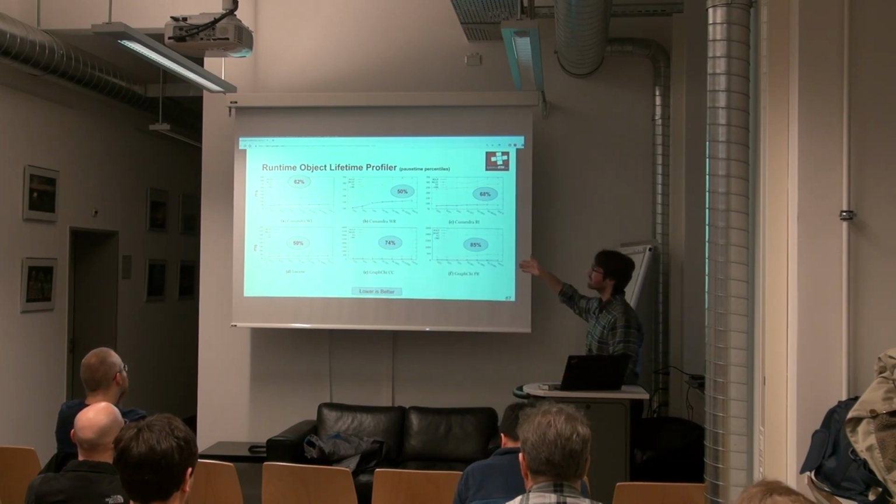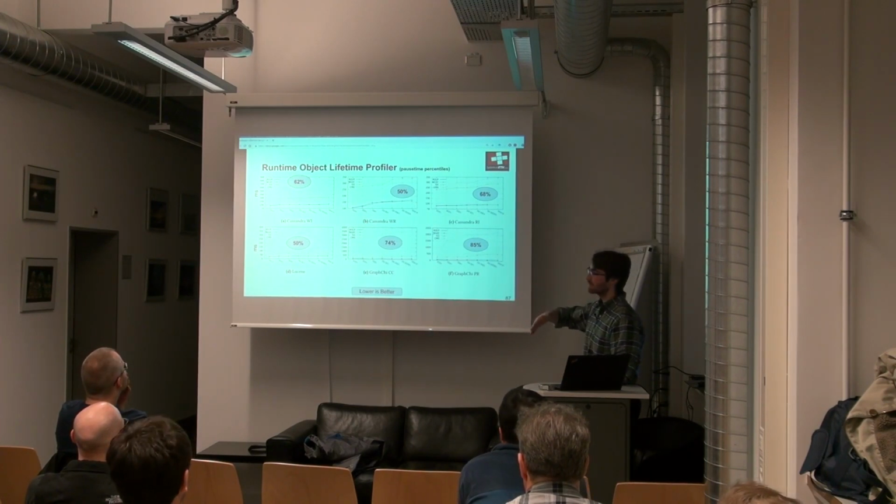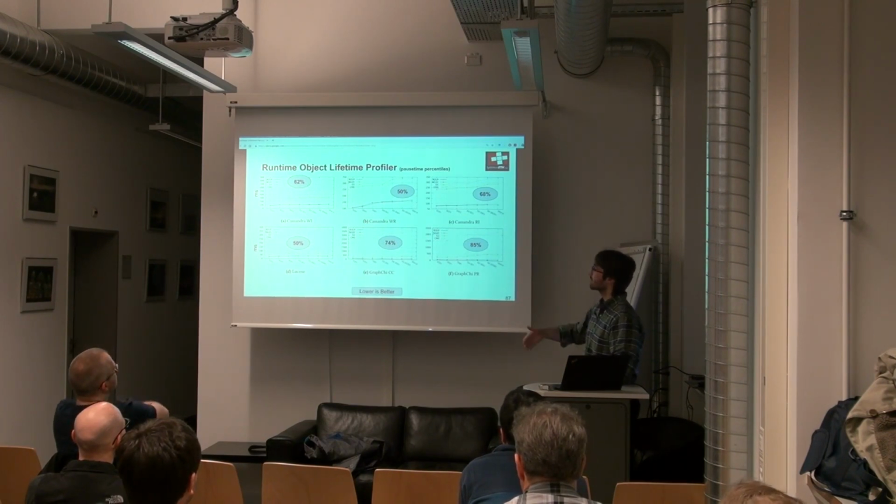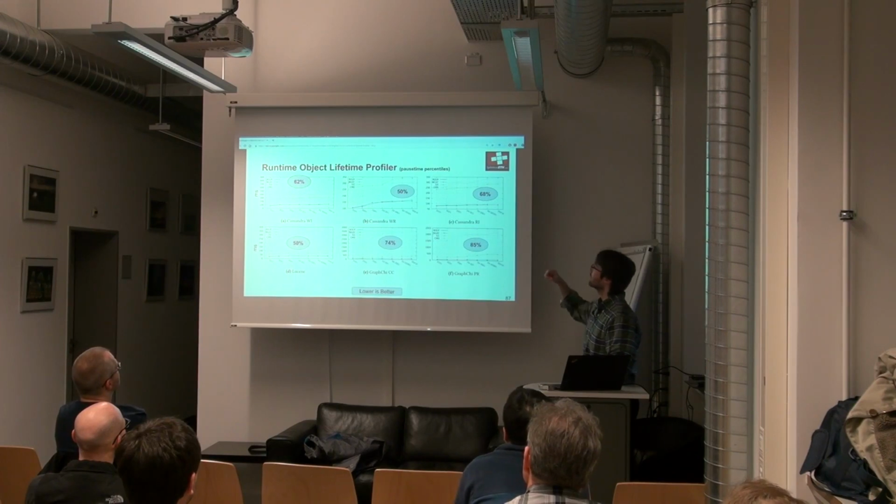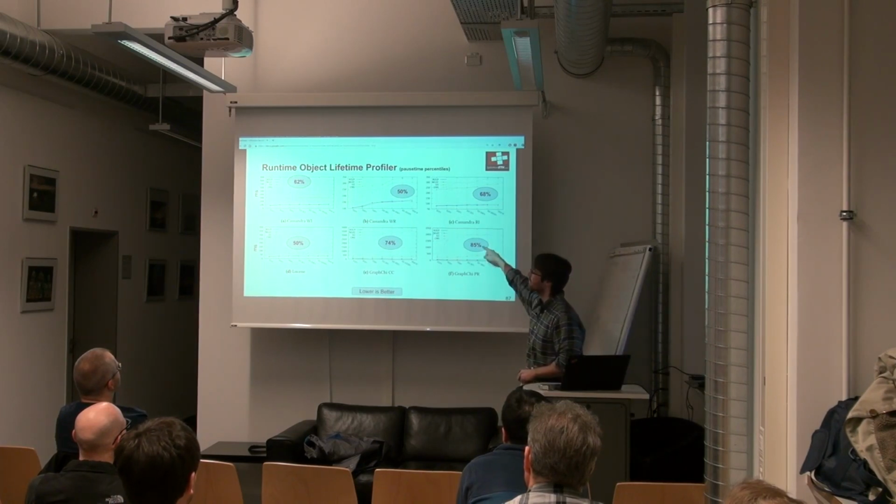The y-axis is in milliseconds, and we are comparing ROLP, which is the NG2C collector plus the profiler, and NG2C, which is the collector with annotations. We have G1, which is the default, and Concurrent Mark and Sweep. These numbers represent the performance improvement compared to G1.